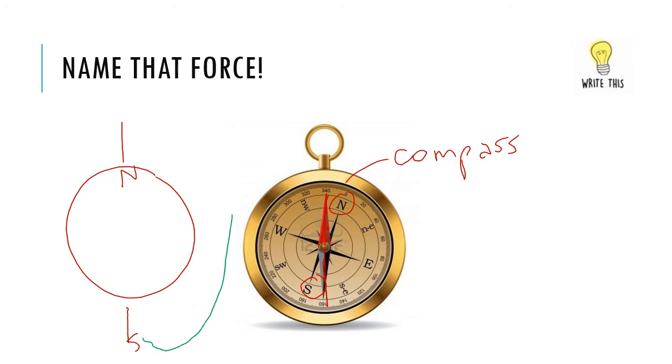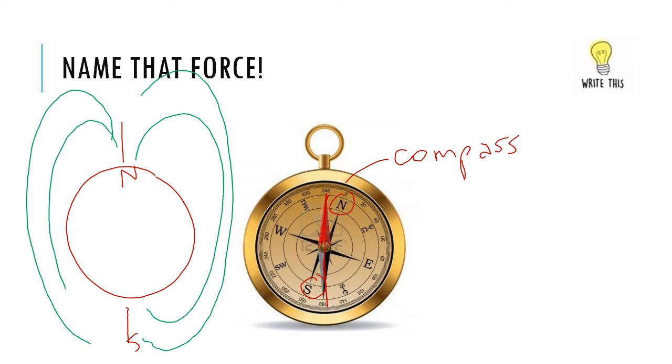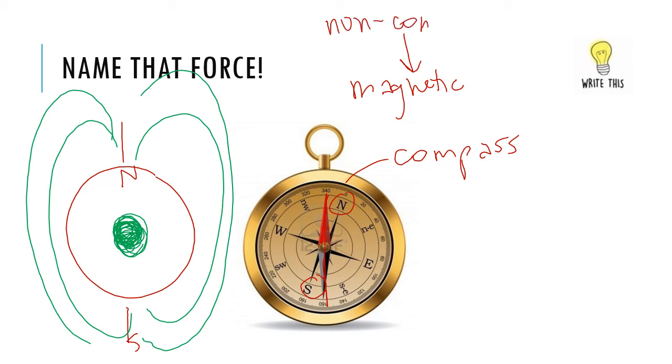Those two things are actually able to create a magnetic field around our Earth, right? Because in the center of our Earth, it's actually made up of iron and other types of metals. So it creates this magnetic field. So what type of force is it going to be? We already said a magnetic. And that is a type of non-contact force.